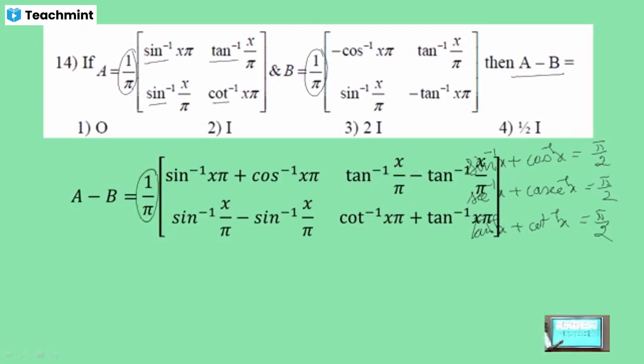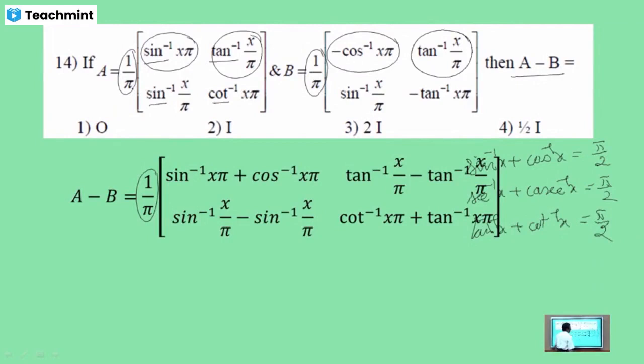When I take the difference, it is sin inverse x by pi minus cos inverse x by pi, so that it becomes sin inverse x by pi plus cos inverse x by pi. Second element, tan inverse x by pi minus tan inverse x by pi.